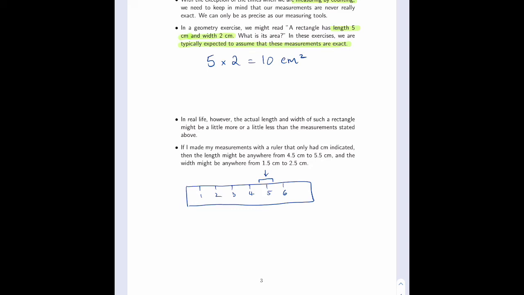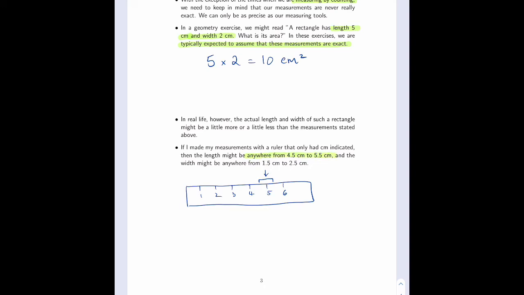We can talk more later about when you would and wouldn't try to make an approximation of what that actually is. But for now, let's say it could be anywhere from 4.5 to 5.5.